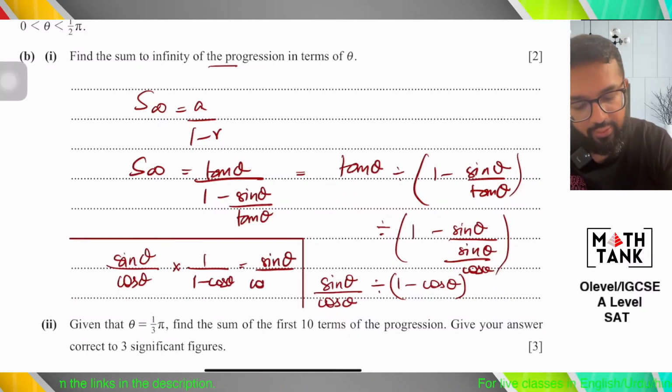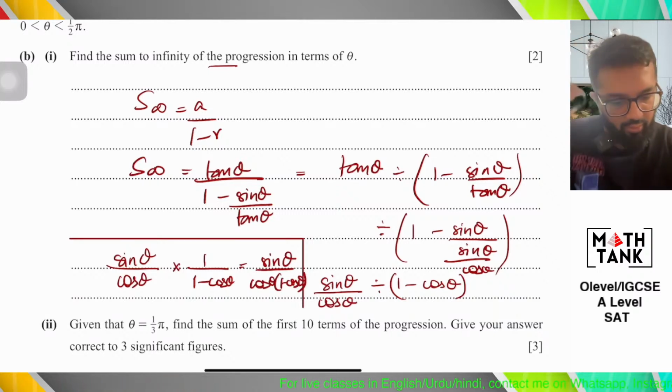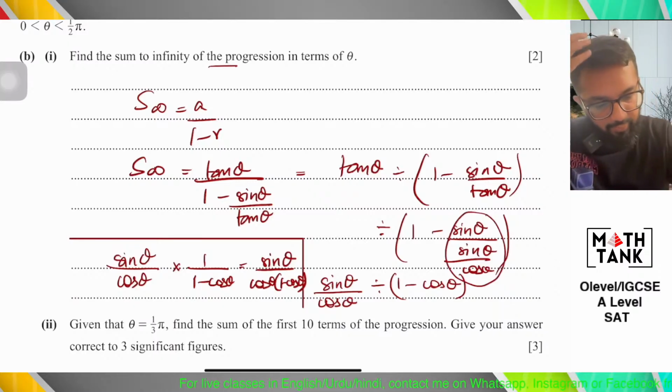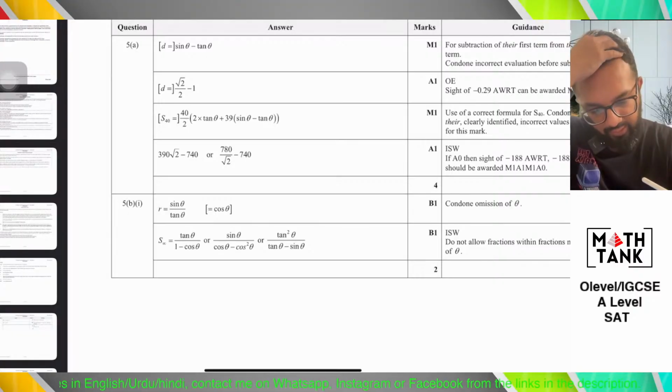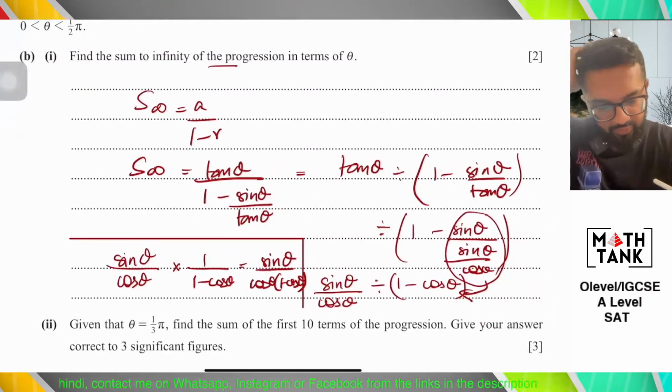Sine theta and cos theta. Okay, this sort of simplified to cos theta if you didn't get that. Let me check if I've done it correctly: sine theta over cos theta minus cos square theta.